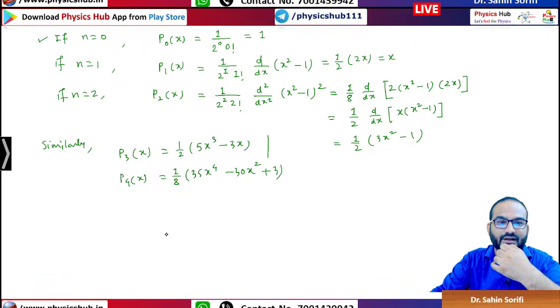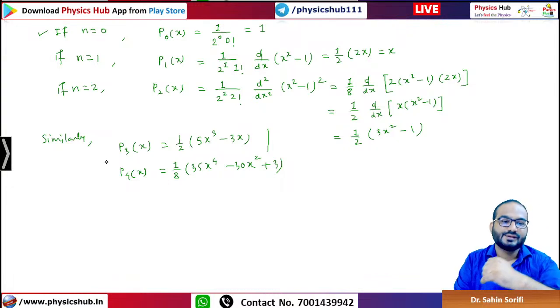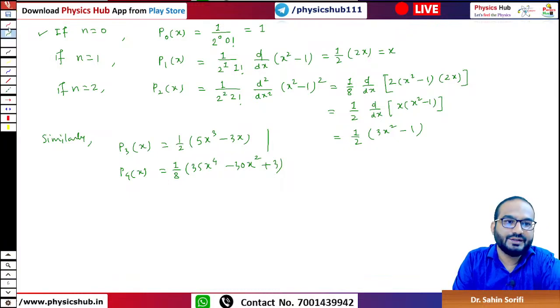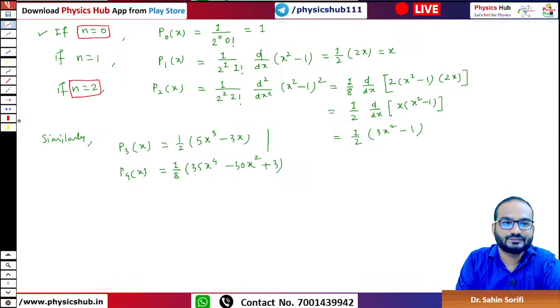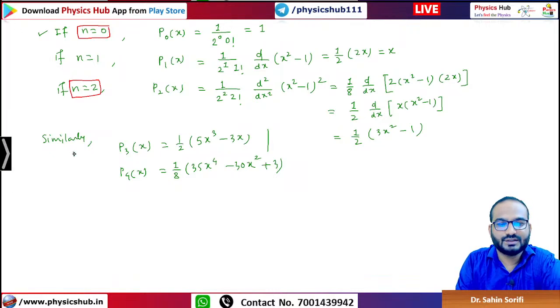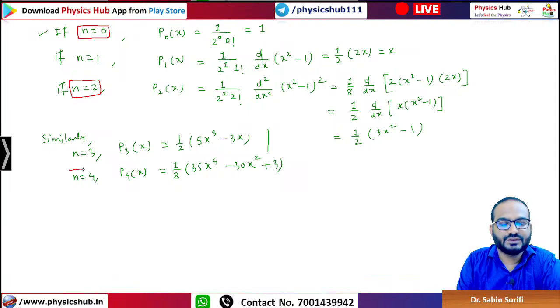Now one thing, have you noticed here? When you choose an even value of n, whether n equals to 0, or 2, or 4, you see the function is even.